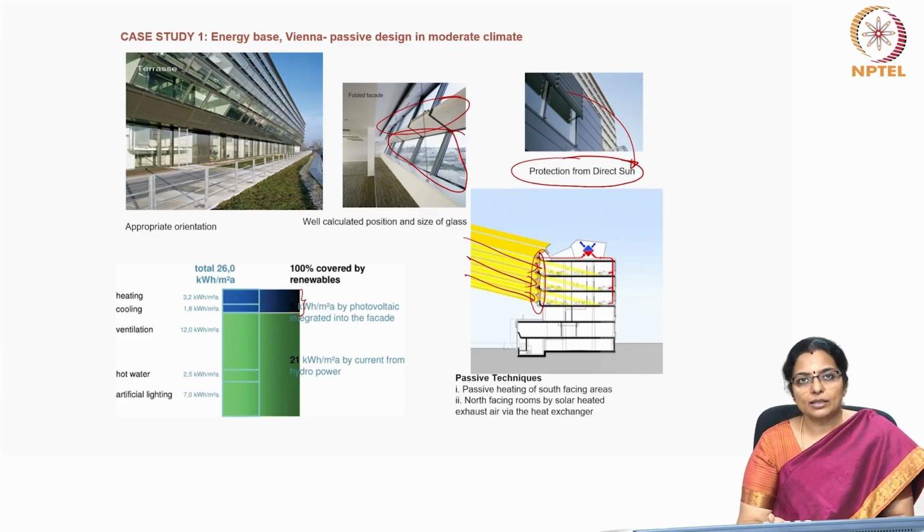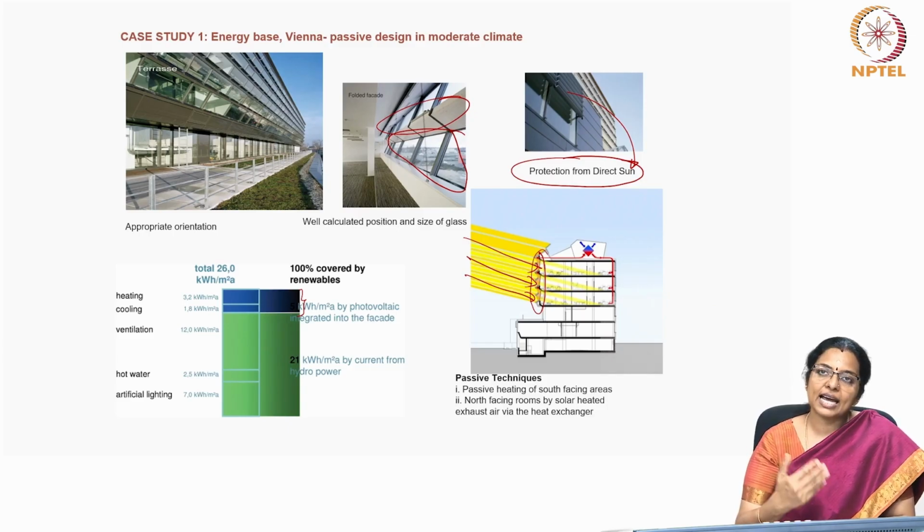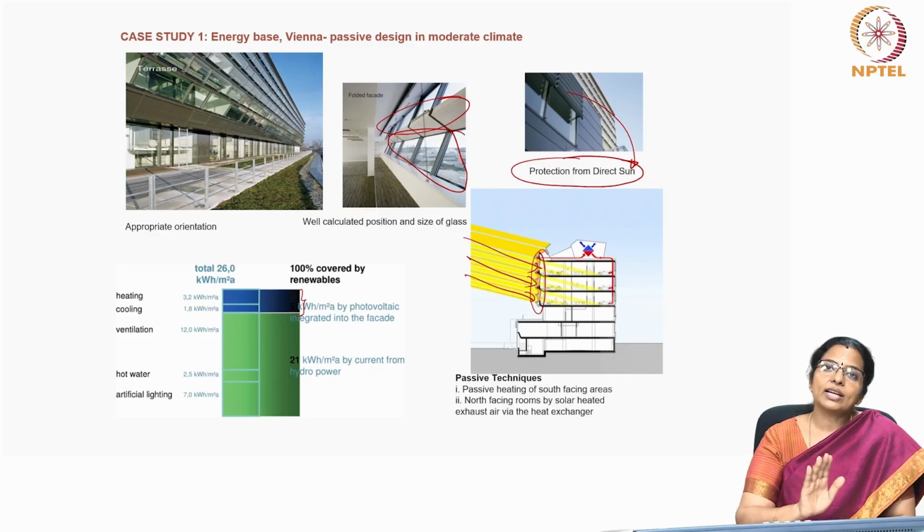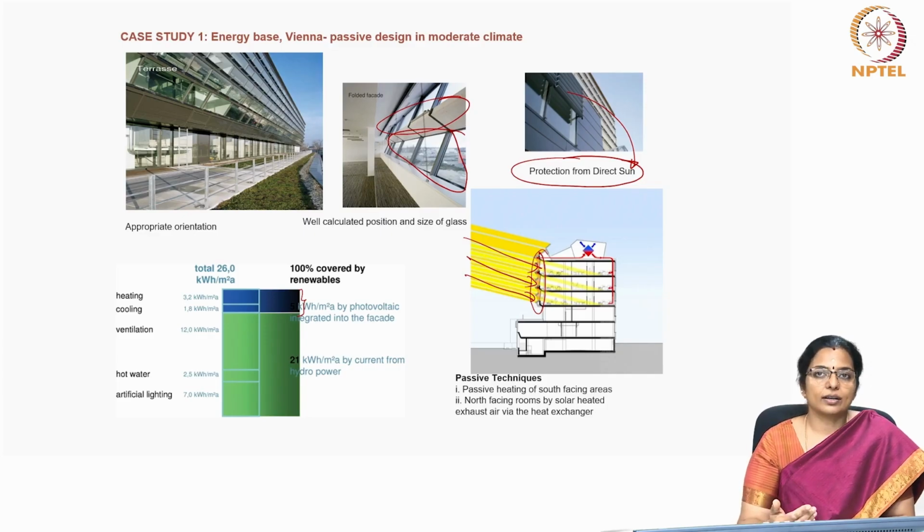There are advanced passive techniques which have been used in these buildings and in some other buildings also, which we will look at as a separate section. So, in today's class, we have seen what simple passive techniques are and the principles behind these simple passive techniques to actually work.